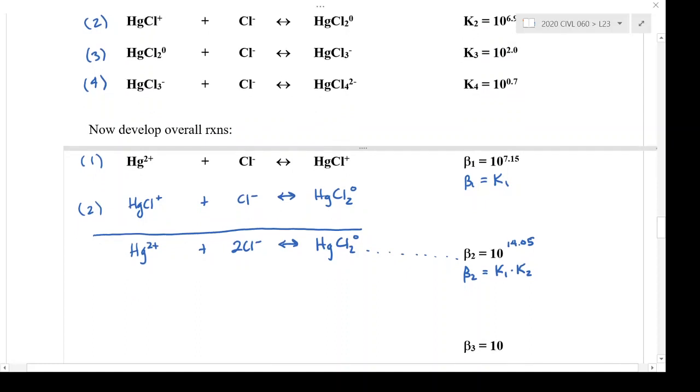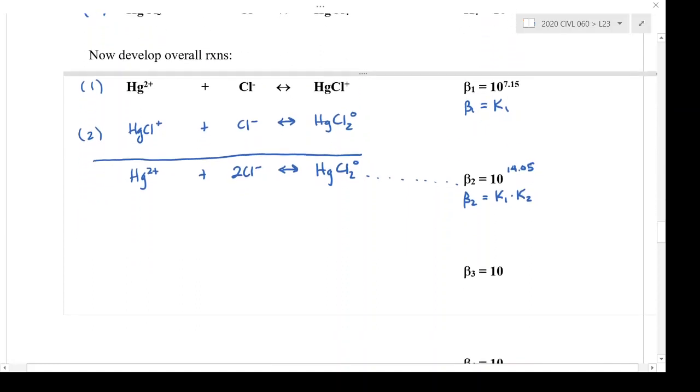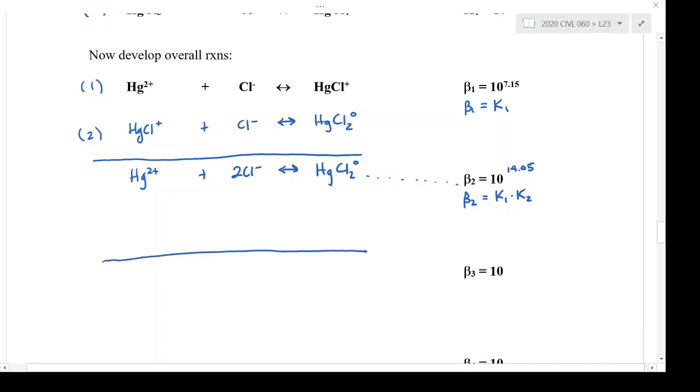The next step is to take the third reaction and add it to this one. So I have HgCl2 not plus a chloride forms HgCl3 minus. This is the third reaction.